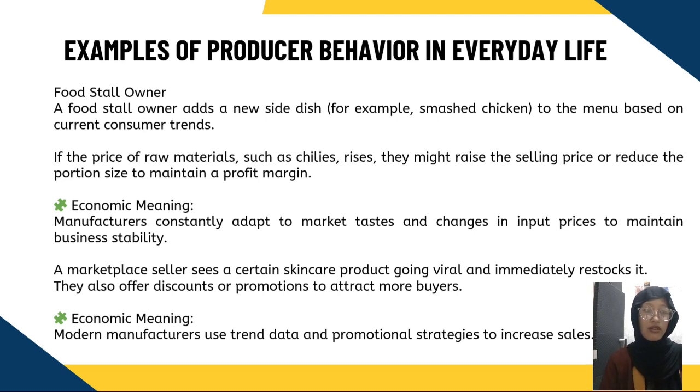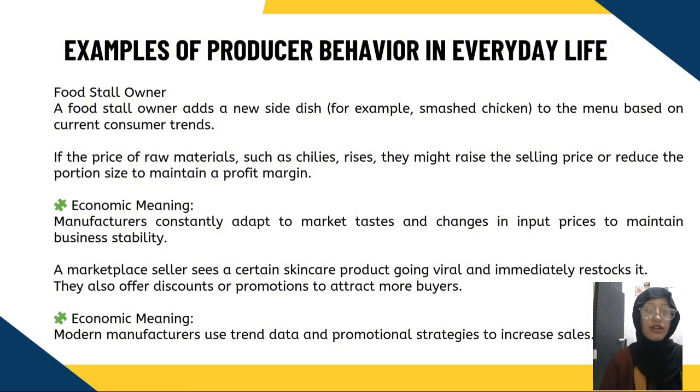A food stall owner adds a new side dish, for example smashed chicken, to the menu based on the current customer trend. If the price of raw materials, such as chilies and rice, rises, they might raise the selling price or reduce the portion size to maintain a profit margin.